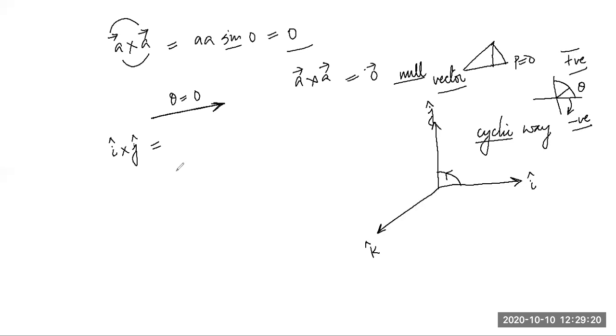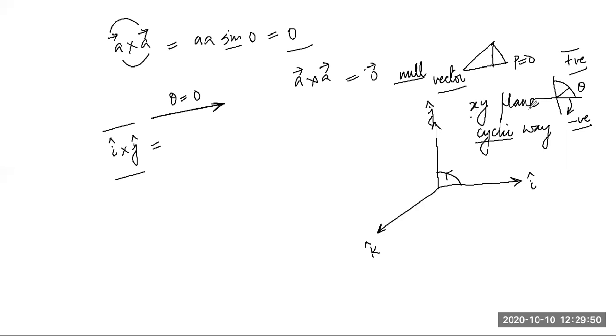So what would be I cap cross j cap? IJ sine 90. I cap cross j cap would be a vector. I and j are lying in the xy plane.